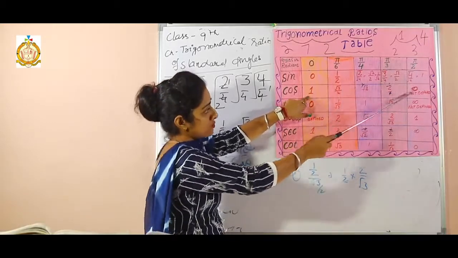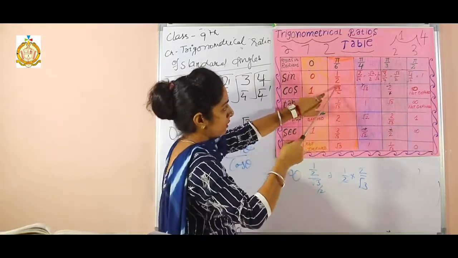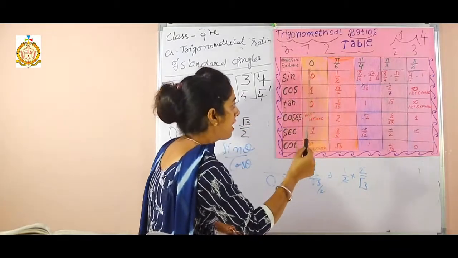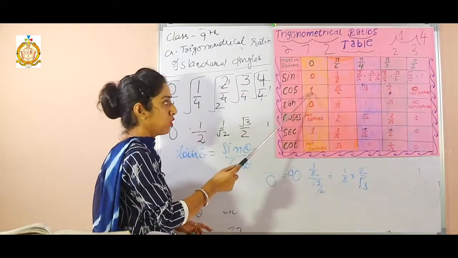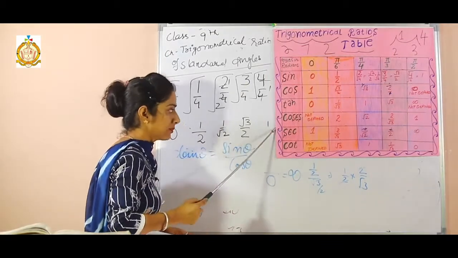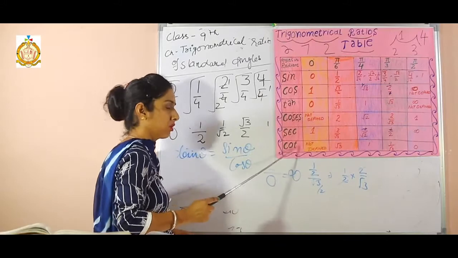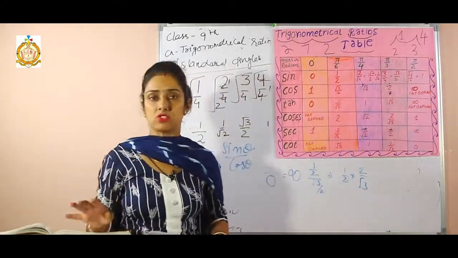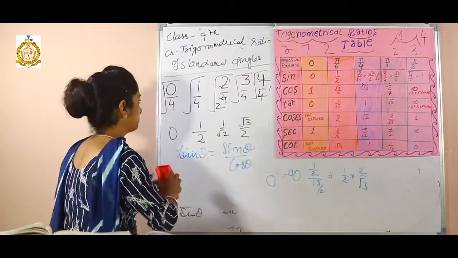Means 1 comes there, under root 3 by 2, 1 over under root 2, and so on. After that you have to divide sine over cos, then reciprocal of sine, then reciprocal of cos, and reciprocal of tan. So the whole exercise of this chapter is based on this table.